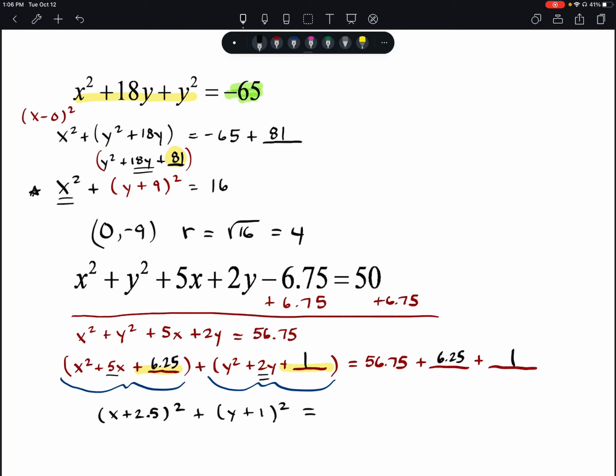And it should all equal, when you add it all together, 56.75 plus 6.25 would be 63, plus 1 would be 64. And now we can find the coordinates of our center point, which would be -2.5, comma, -1. And our radius would be the square root of 64, which would be 8.